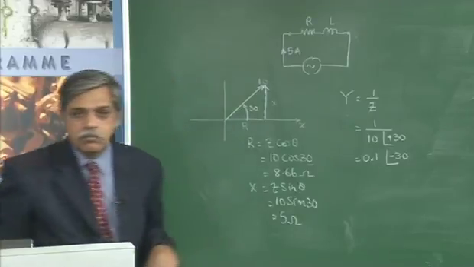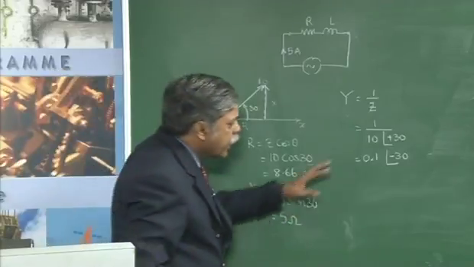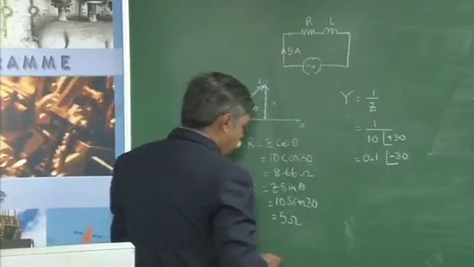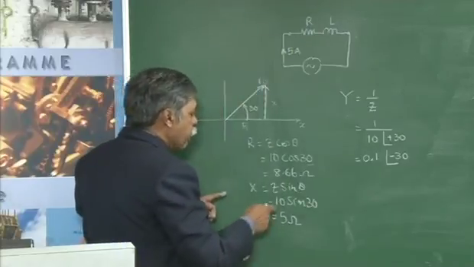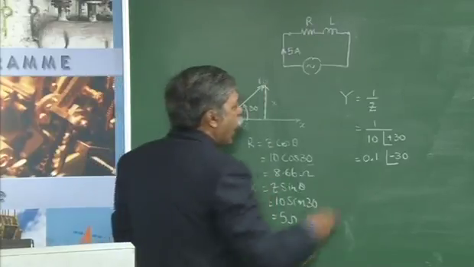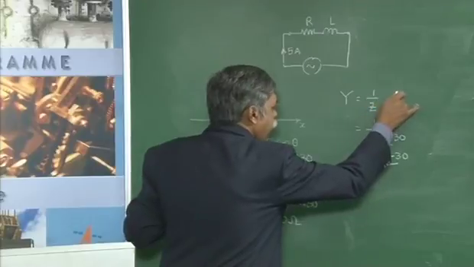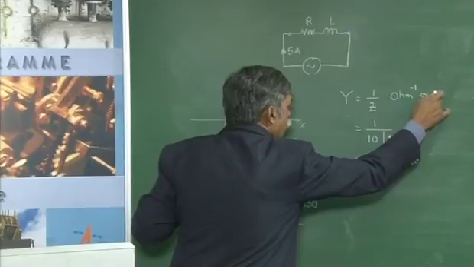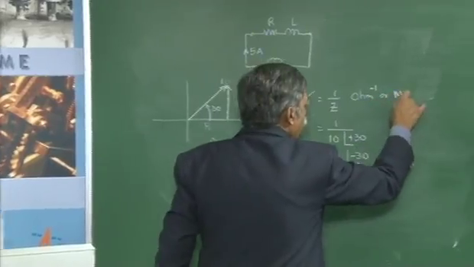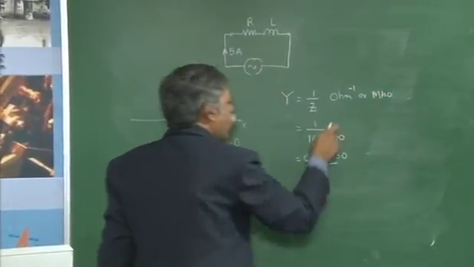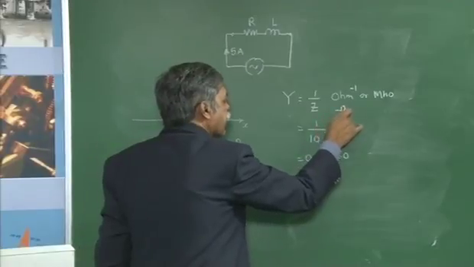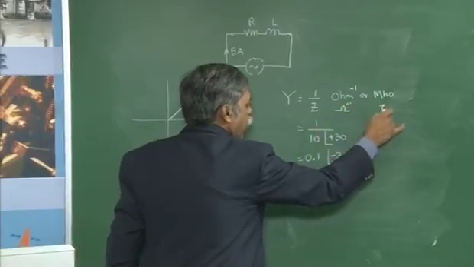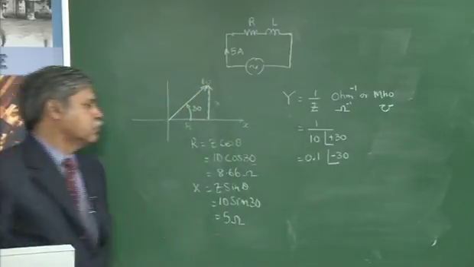Now again converting this, see unit wise the impedance has a dimension of ohm, admittance will have a dimension of ohm inverse, or I write it as mho. Symbol wise I write ohm like this, okay, mho it is the inverted sign.